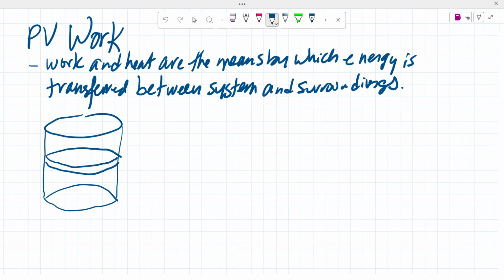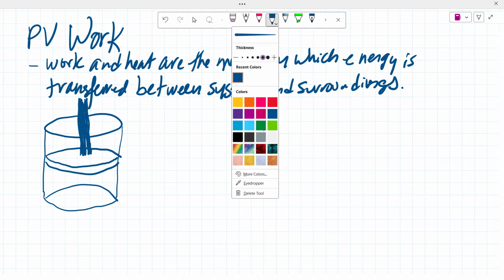The idea is you have some gas trapped in a piston, and then you run the piston. This is our piston here, and then we either drive the piston or we look to see what happens with that piston.